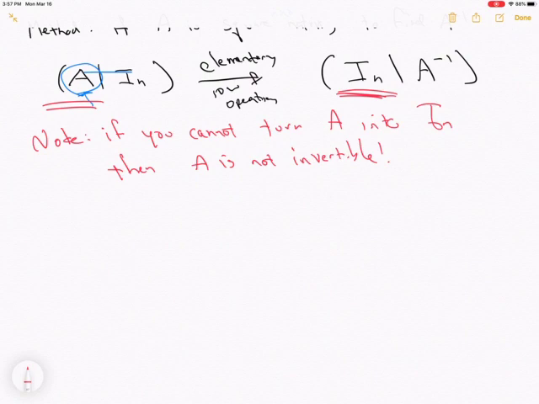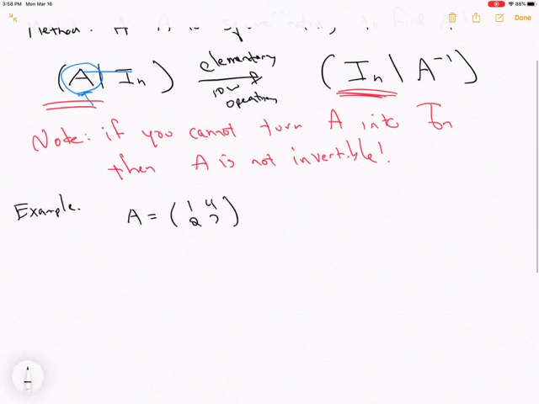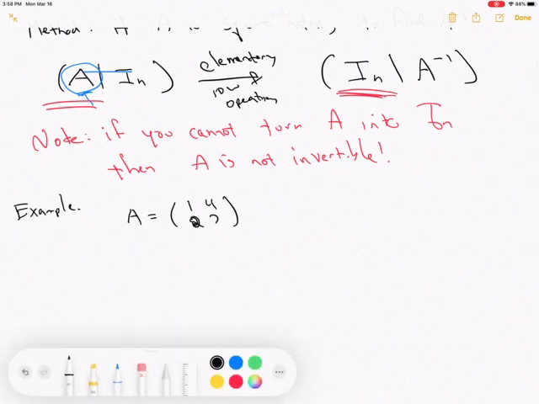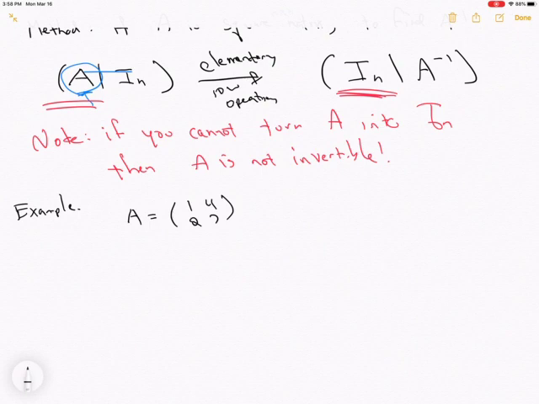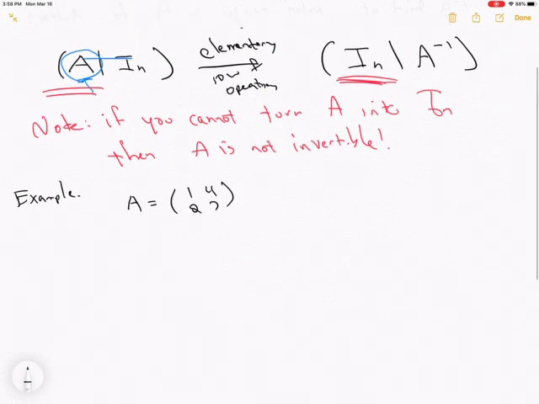Okay, so here let's do an example, because this is all about just doing a few examples. So here's one example. If A is the matrix, say 1, 4, 2, 7, so it's a 2 by 2 matrix, then let's find A inverse.